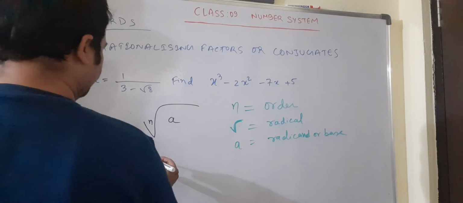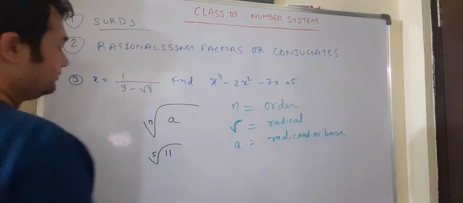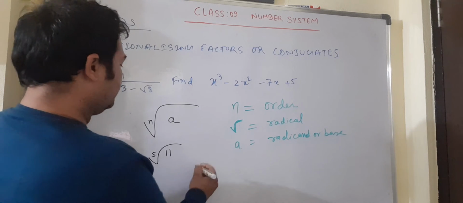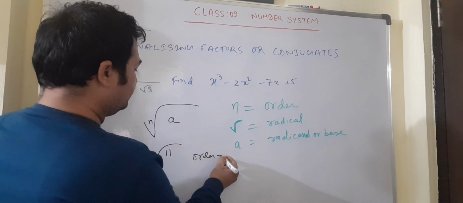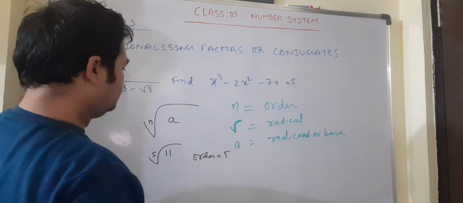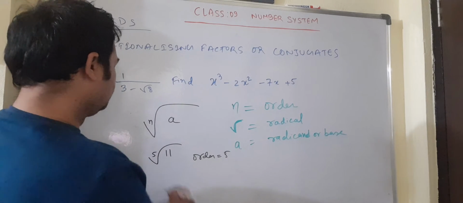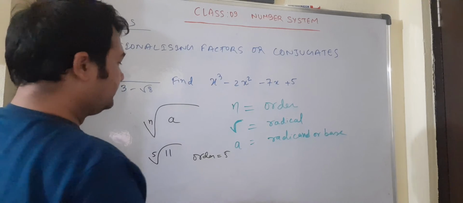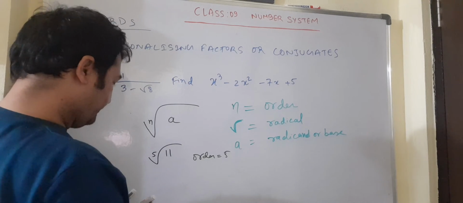So if I ask you, for the fifth root of 11, what is the order here? Order is 5. This symbol is the radical, and this 11 is the radicand or base.